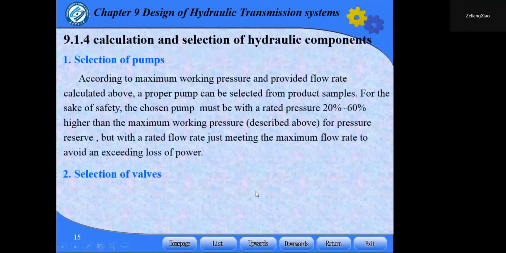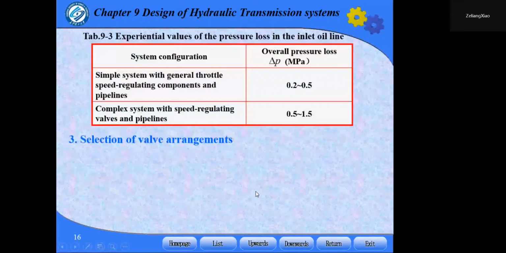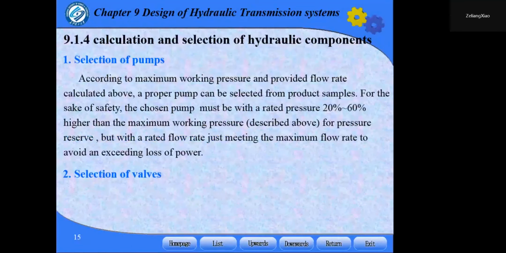Then we should select the valve. The principle for selecting a valve: the specifications for the valve components must be determined according to the maximum pressure of the hydraulic system and the practical flow rate through this valve.